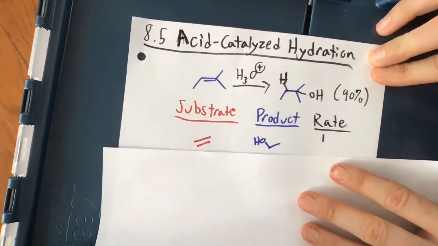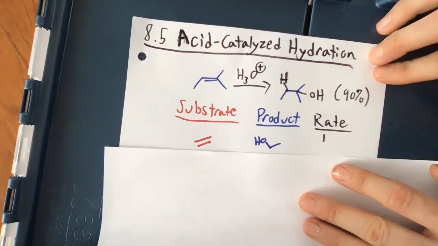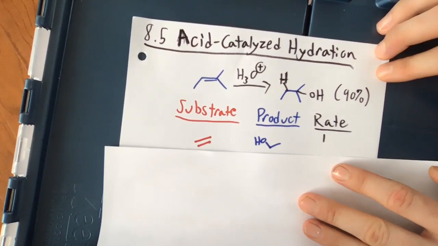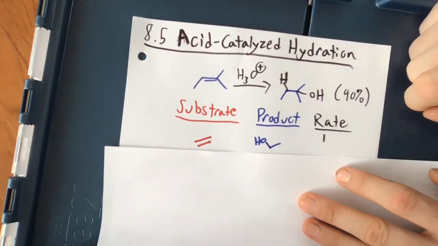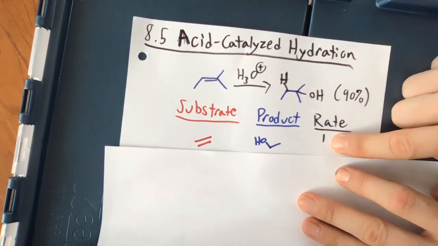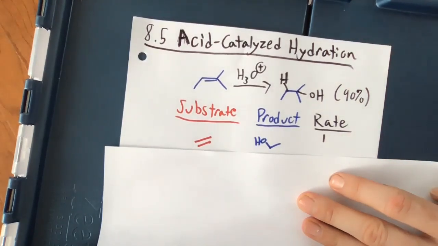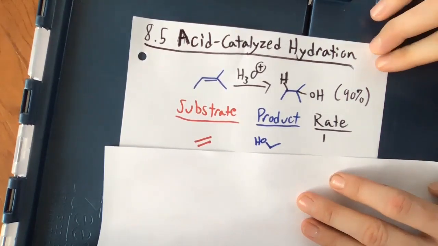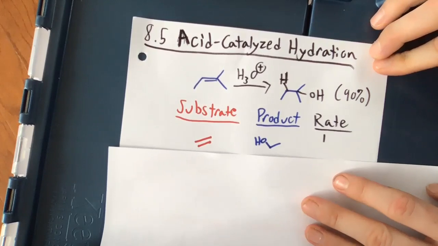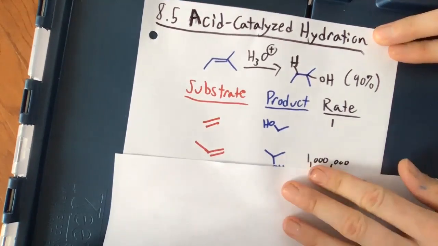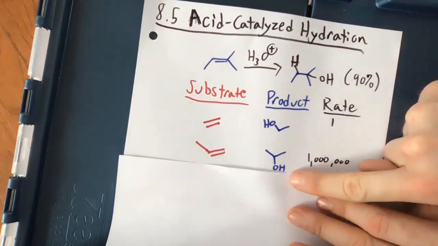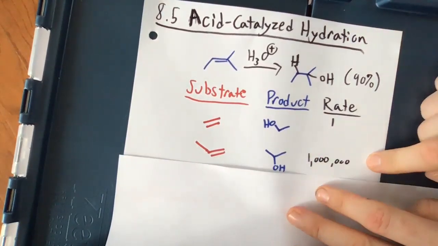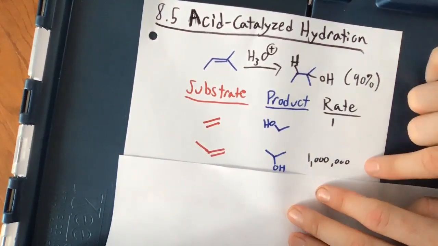If you use ethylene, just C2 ethylene, and you run the same hydration reaction, you have some reaction rate, and we're going to call that our standard reaction rate. If you add just one carbon onto this ethylene to make propene or propylene, the reaction rate to isopropanol jumps immensely from 1 to 1,000,000.